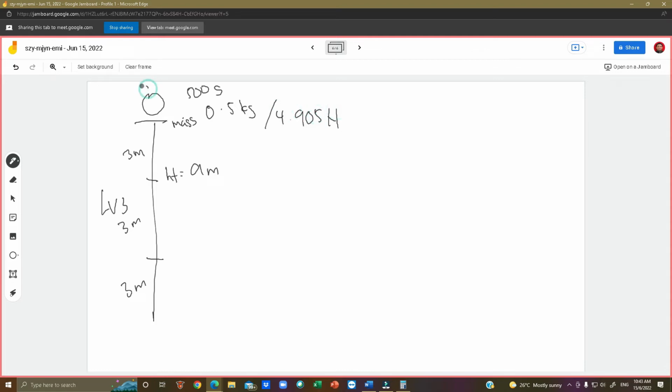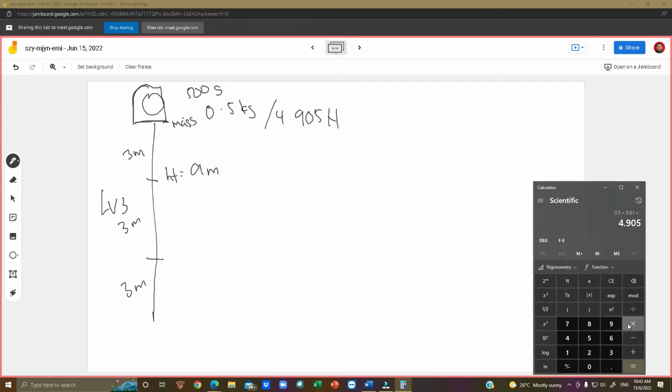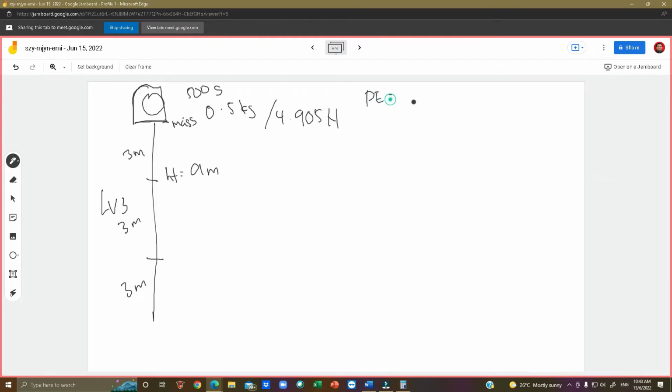So, at level 3, the potential energy you have within the ball is 4.905 times with the height 9 meter. Okay, potential energy yang ada dekat sini sekarang is 44.15 joules.